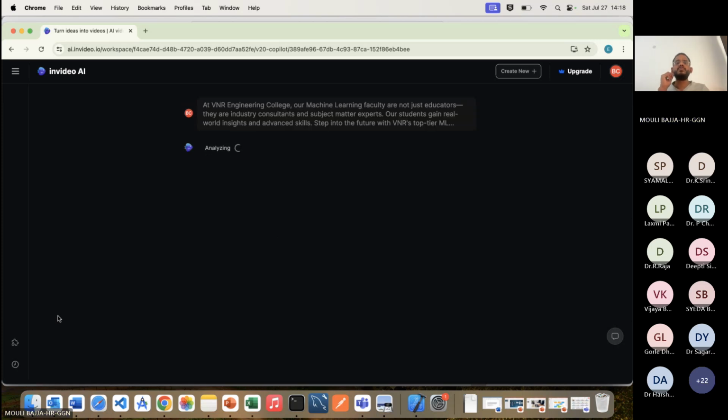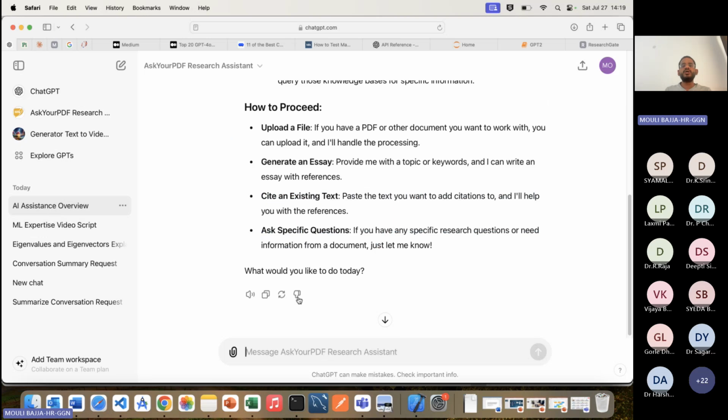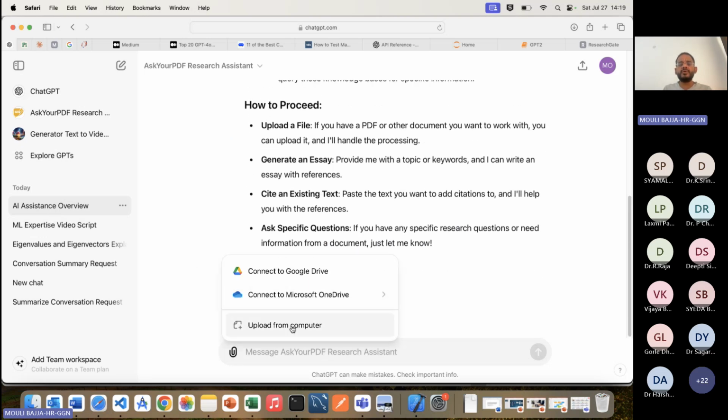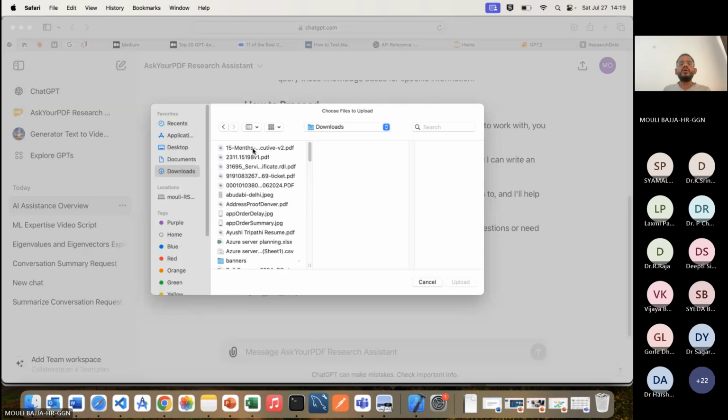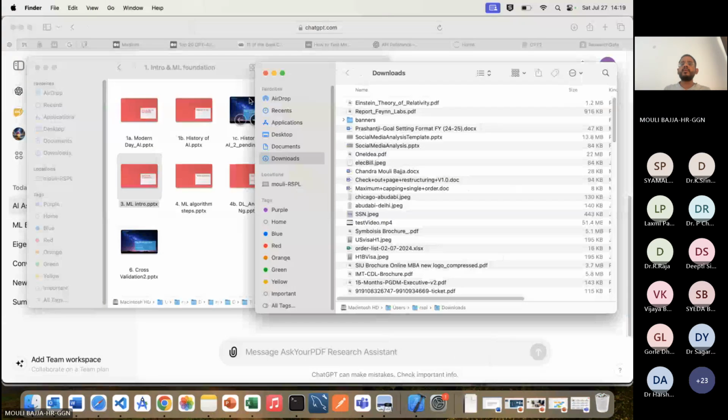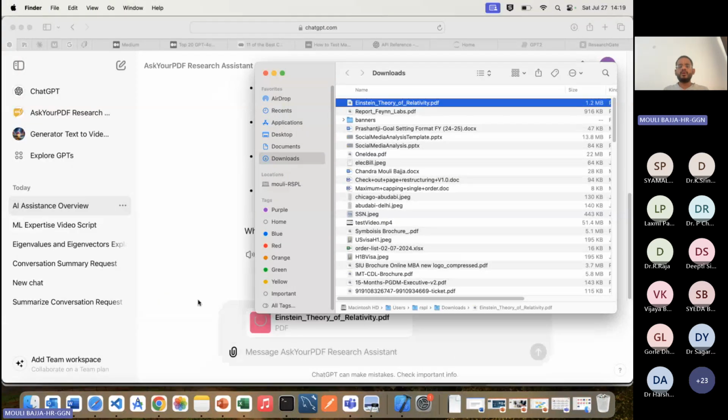Now, while it starts, let us also try this PDF, how well it can read the PDF. The name, Einstein theory of relativity.